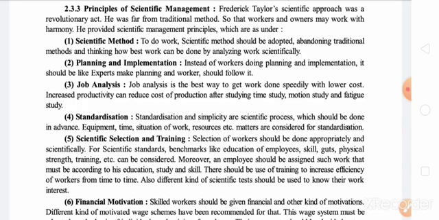So first principle was scientific management, in which abandoning the traditional method and thinking totally, and now in the place of this traditional method we are using the scientific method for the management of organization. Second one was planning and implementation. So in traditional method we are having only one class of people who are performing both the activities of planning and implementation.